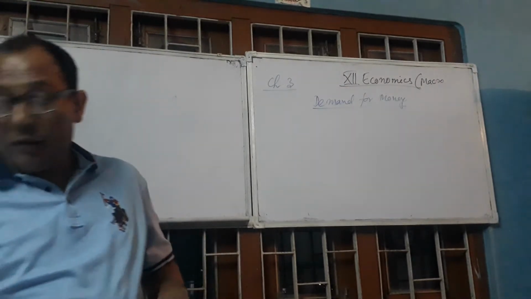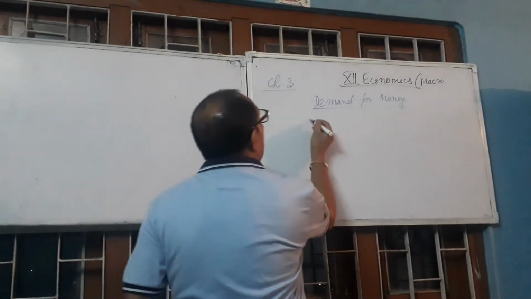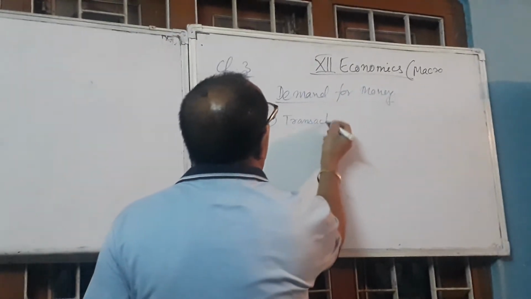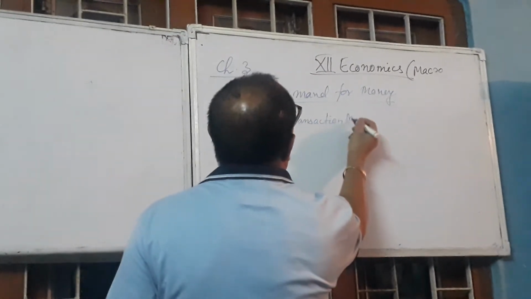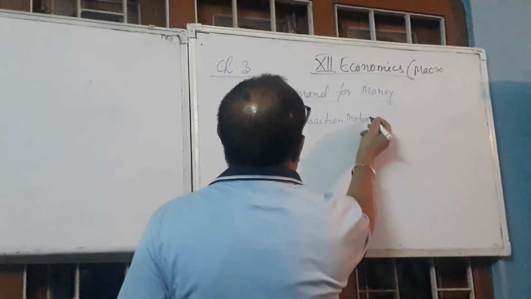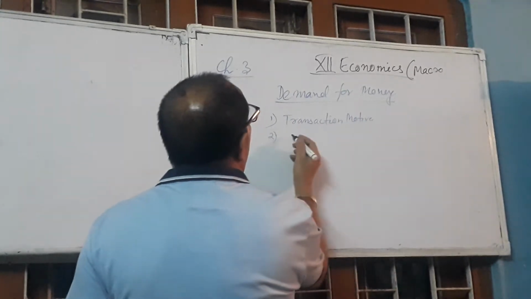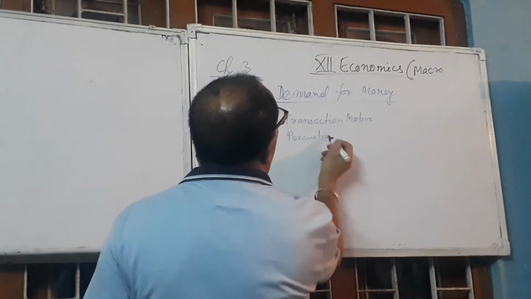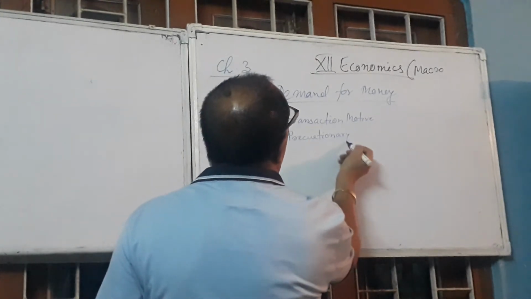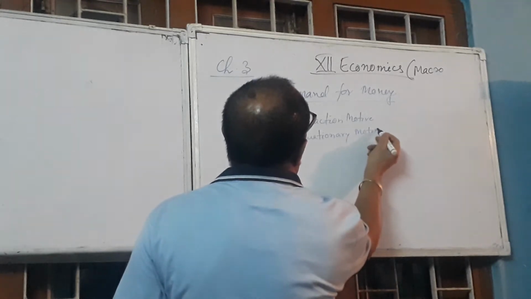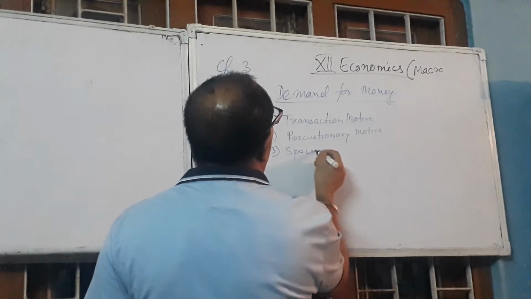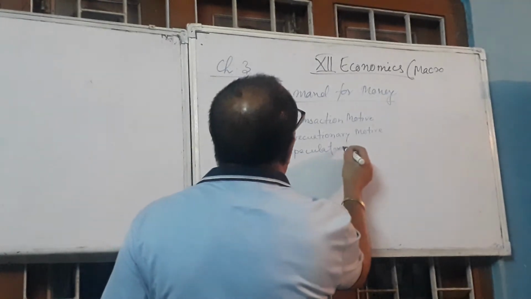These motives are: number one, transaction motive; number two, precautionary motive; and number three, speculative motive.